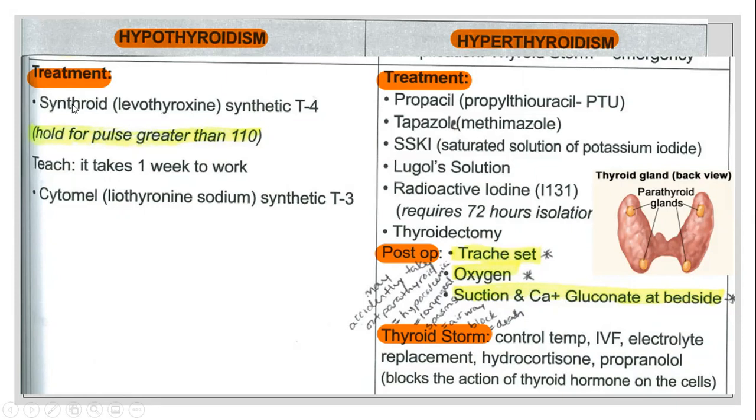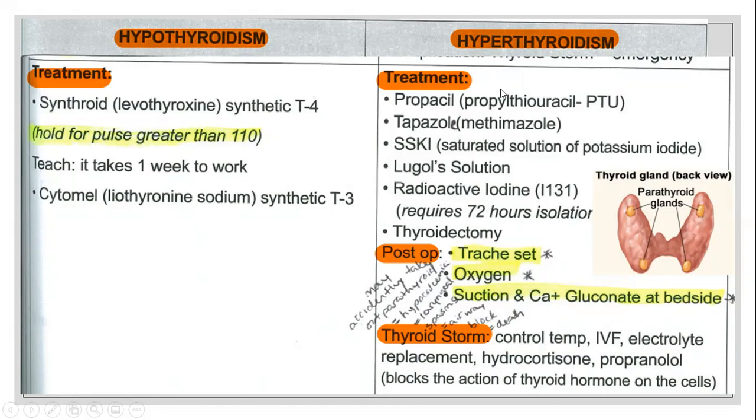Before prescribing or giving this medication, it is always important to check the vital signs, particularly pulse rate. We should hold the medication if the pulse is greater than 110. Also educate your patient that this medication takes time to work. At least it takes 1 week to work.